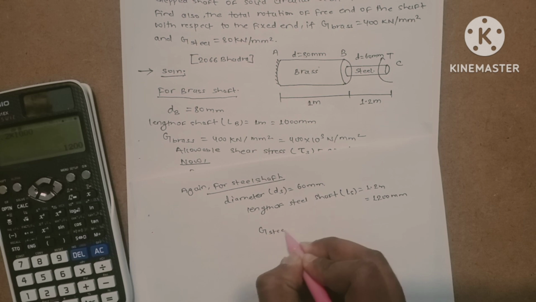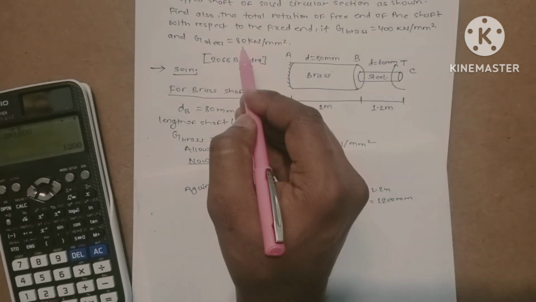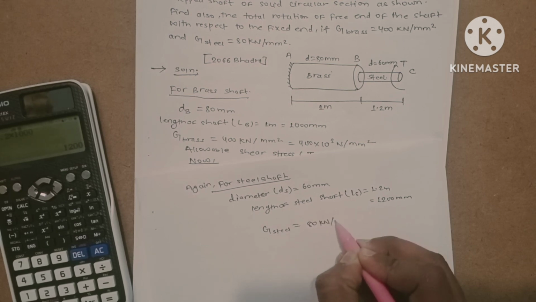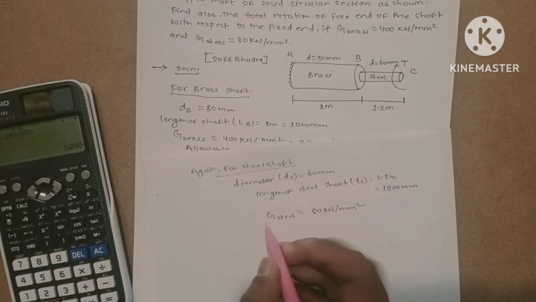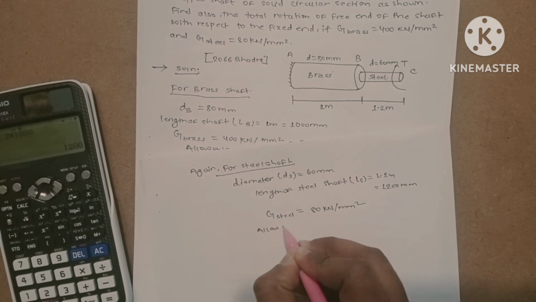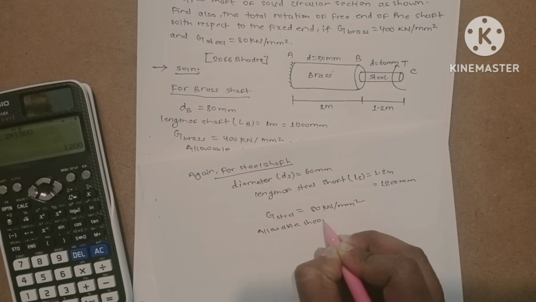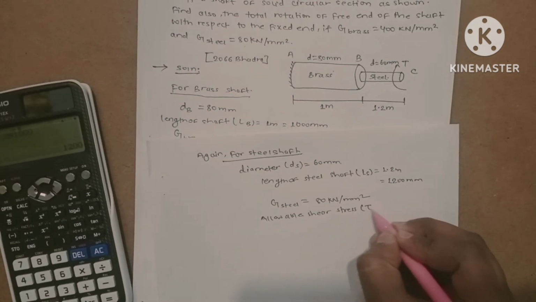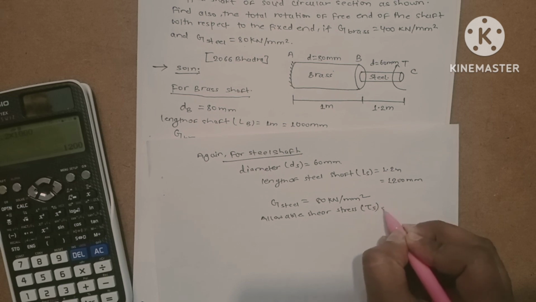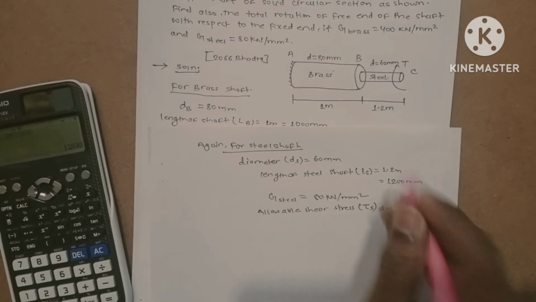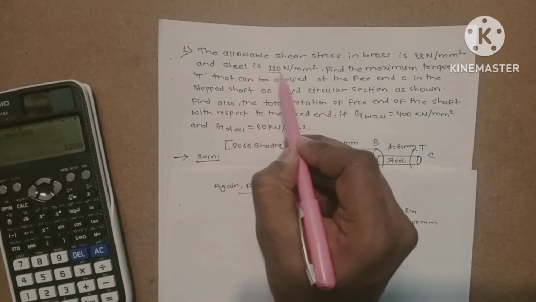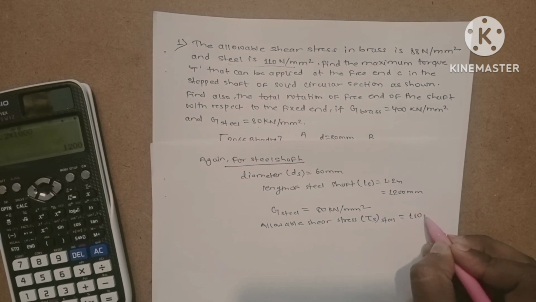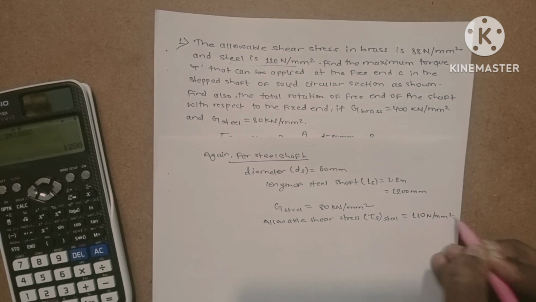G steel equals 80 kilonewton per millimeter square. Allowable shear stress tau s steel equals 110 Newton per millimeter square.